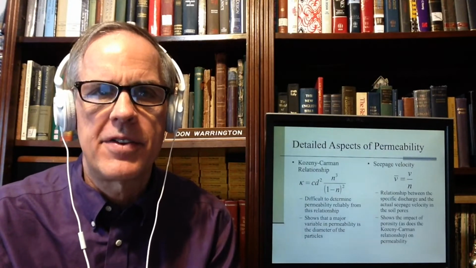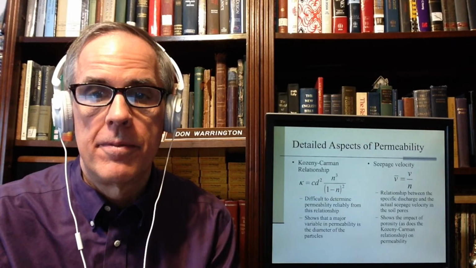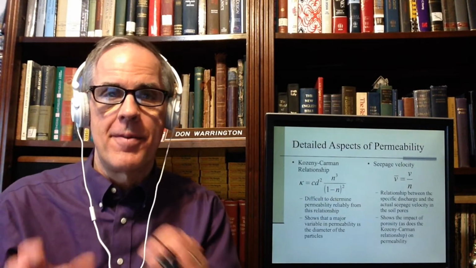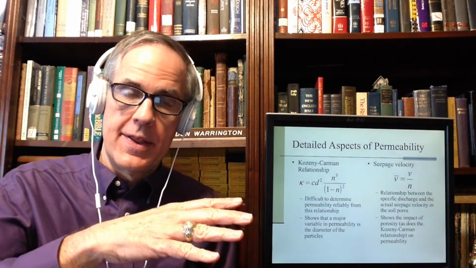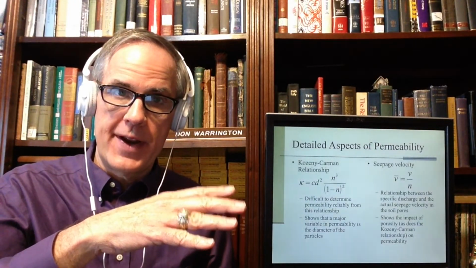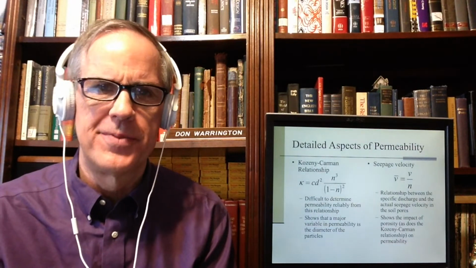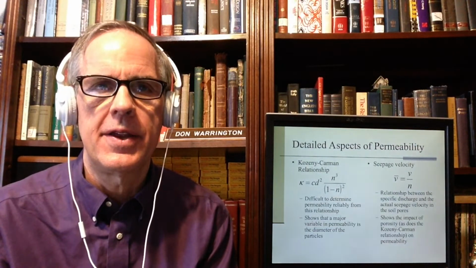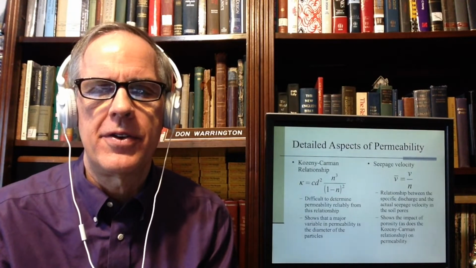It makes sense that the more porous the soil, the easier the water will flow through it. But getting from that obvious point to the reality of actually calculating it has eluded us. So it's good for a qualitative sense, but to figure it out, no.